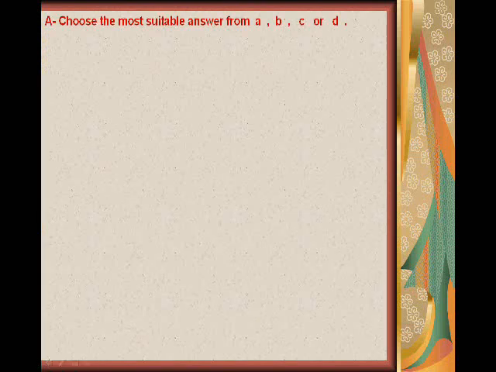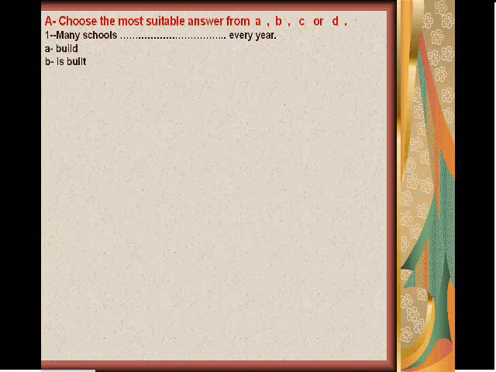Again, the third model, and again we are looking at the first type of question, which is multiple choice. Number 1, many schools every year. A, build. B, is built. C, are built.